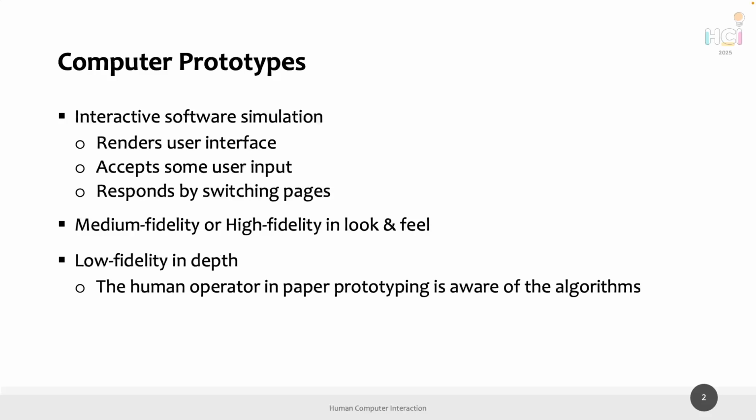For sure, you accept some clicks on the interface to navigate in the interface. And you respond typically by switching pages only. So you cannot accept complex input like a string or something like that, and depending on the input, redirecting the user to different pages, the interaction will be fixed, and you will accept a limited set of input.